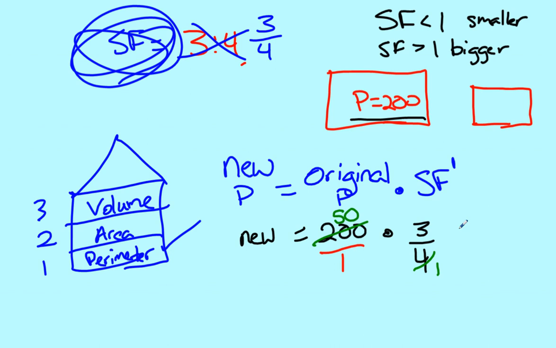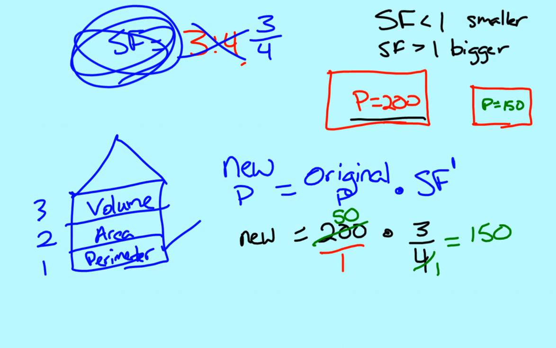Then 50 times 3 is 150. 1 times 1 is just 1, so I'm not even going to bother putting that. And I know that my littler shape is going to have a perimeter of 150. That's not so bad. And that's centimeters.